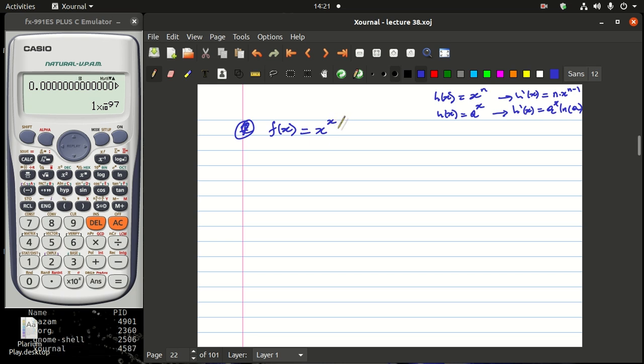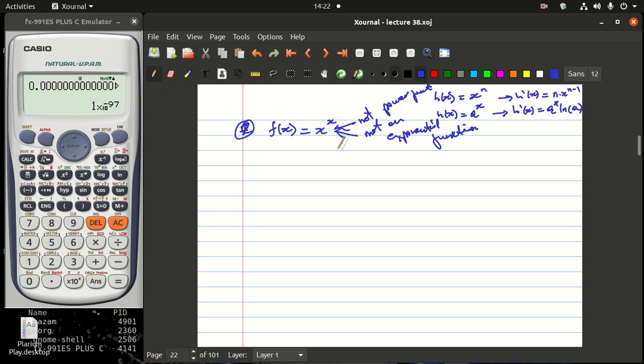So this one here is not a power function, right? And this one is not a constant raised to an independent variable, so it is also not an exponential function. So how do we end up taking a derivative of this thing here?